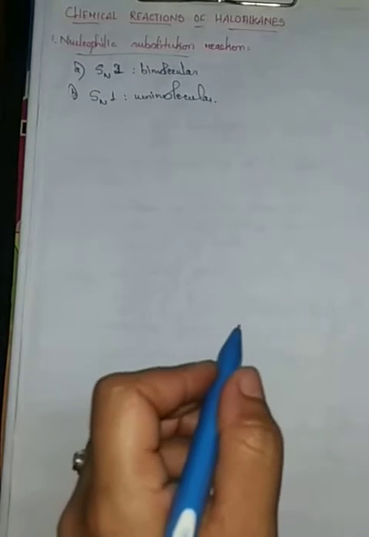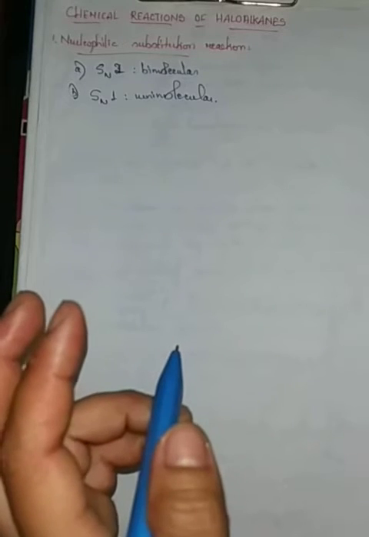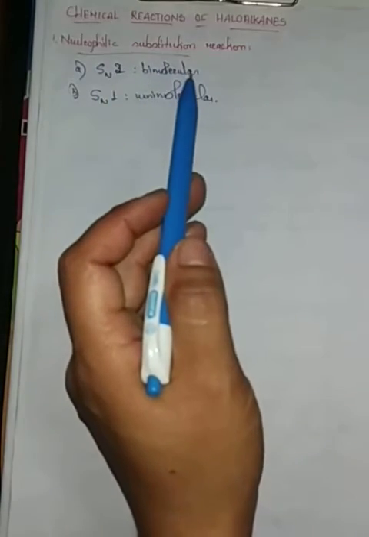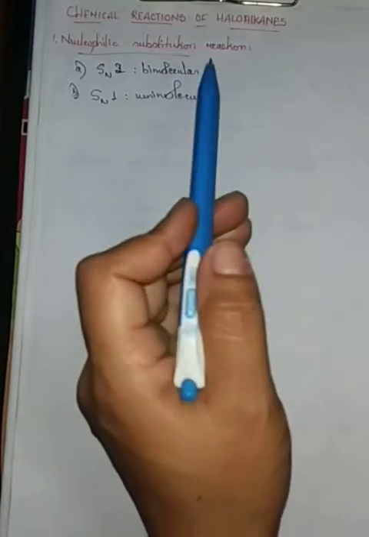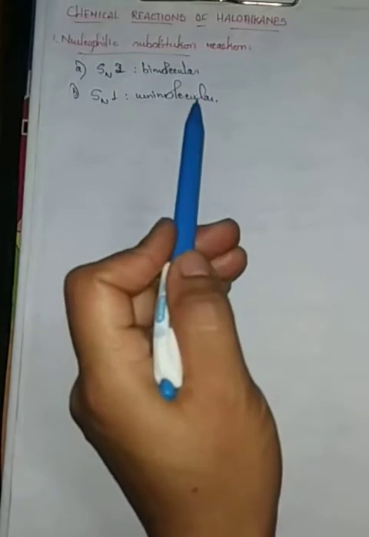Therefore, in haloalkanes we will be studying two types of nucleophilic substitution reaction, that is SN2 bimolecular substitution reaction and substitution nucleophilic unimolecular SN1 reaction.